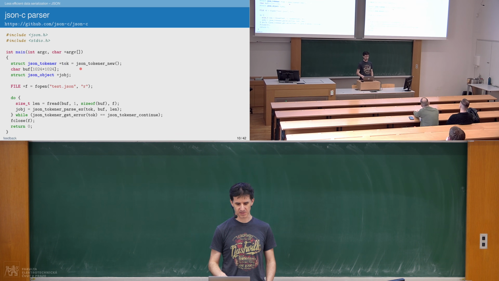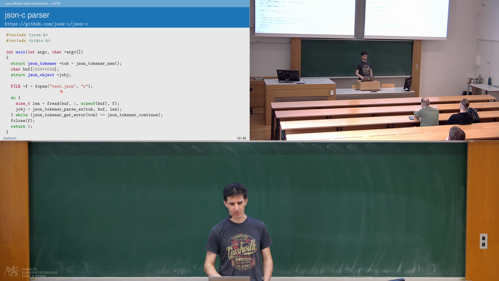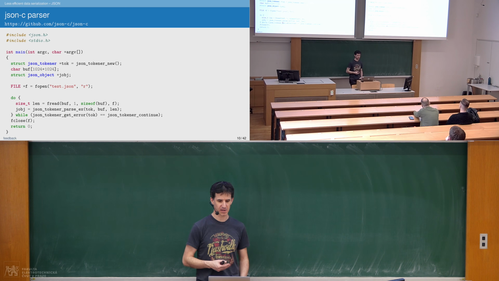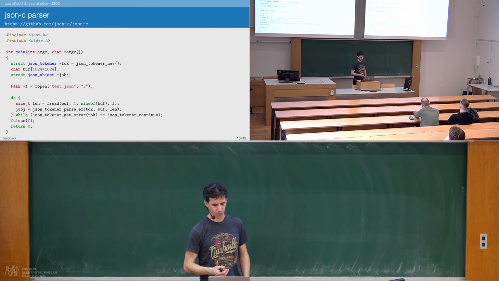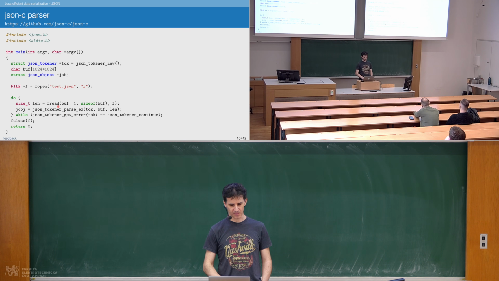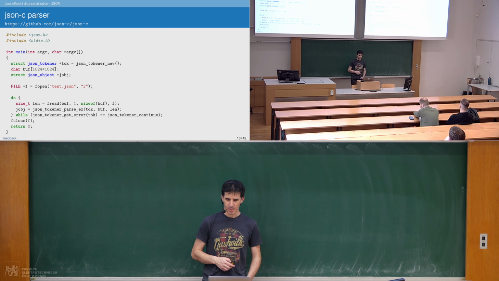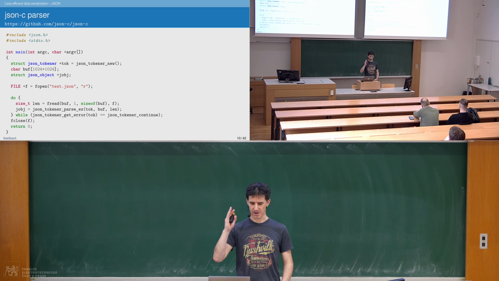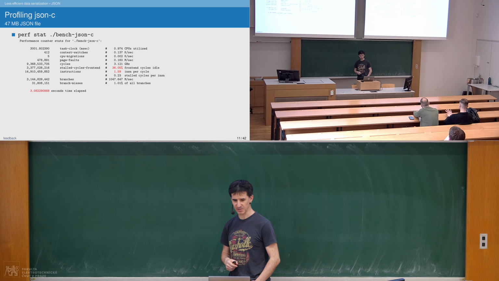Let's design a program. We just open a JSON file, read that file, and then parse the JSON so that we can process the data. So very simple. There is nothing else than just reading the file and parsing the JSON. Now let's compile this program and run it.